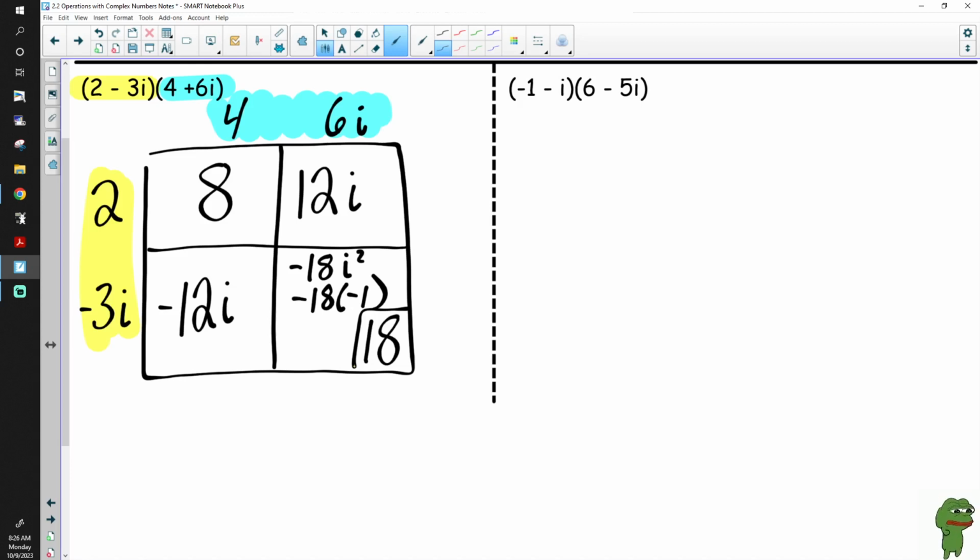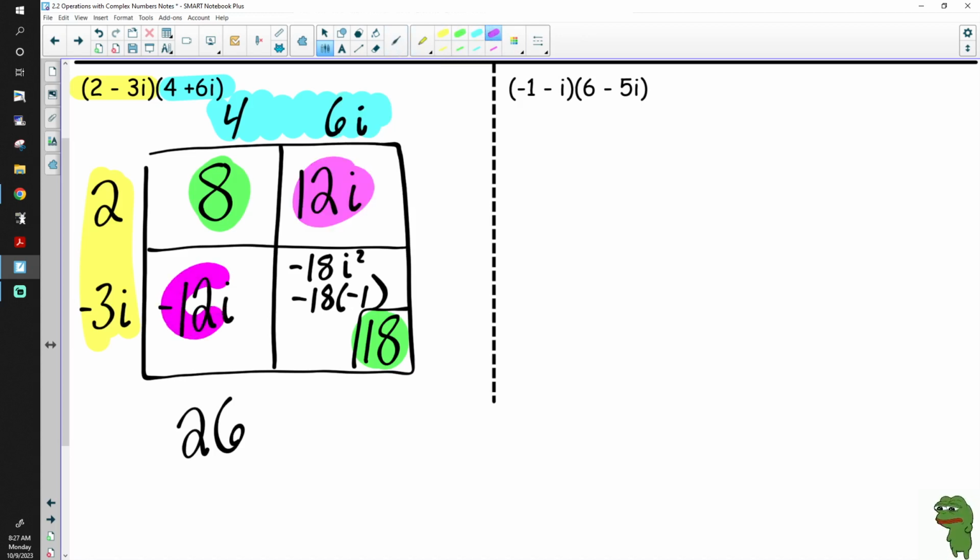Now all I have left to do is combine my real numbers, combine my imaginary numbers together, and I get my final answer. So inside my box, which numbers are real numbers? 8 and 18. These can be combined, so let's add them together. 8 and 18 is 26. Which numbers are imaginary? 12i and negative 12i.